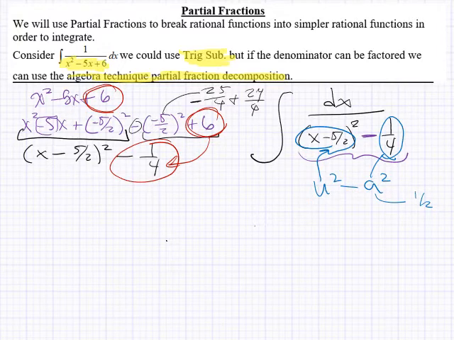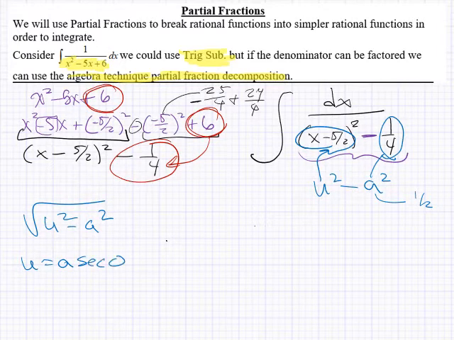So if you use this substitution, we know that for the square root of u squared minus a squared, we use that u has to equal a secant theta, so that the square root of u squared minus a squared could equal a tan theta.